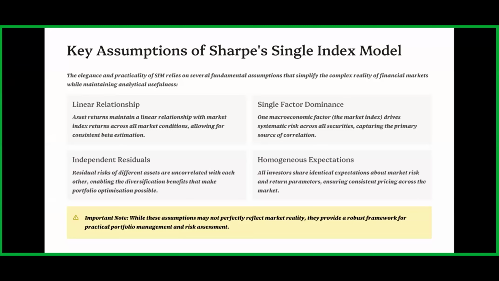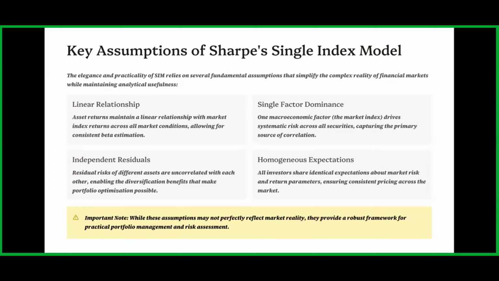The third assumption is independent residuals. The residual risks of different assets are uncorrelated with each other, enabling the diversification benefits that make portfolio optimization possible. The next assumption is homogeneous expectations. That is, all investors share identical expectations about the market risk and return parameters, ensuring consistent pricing across the market.